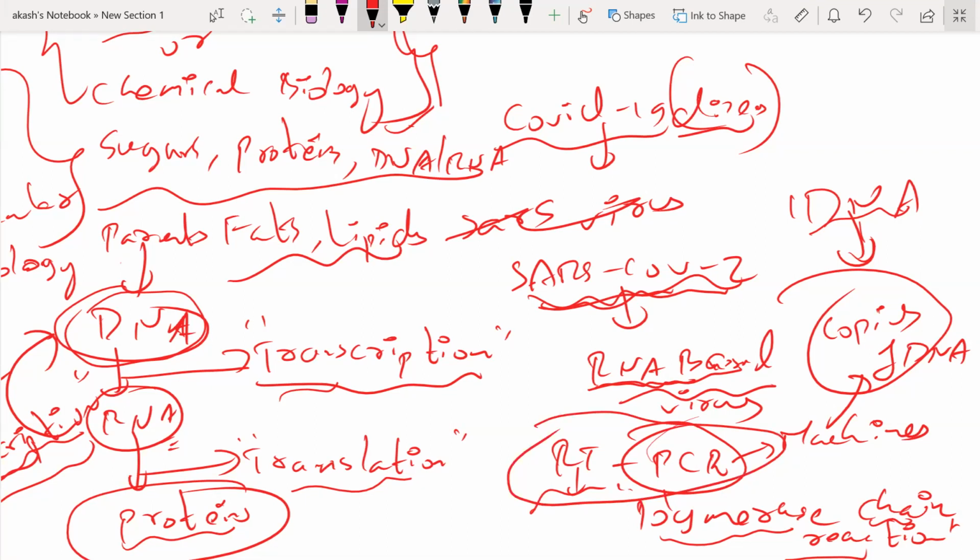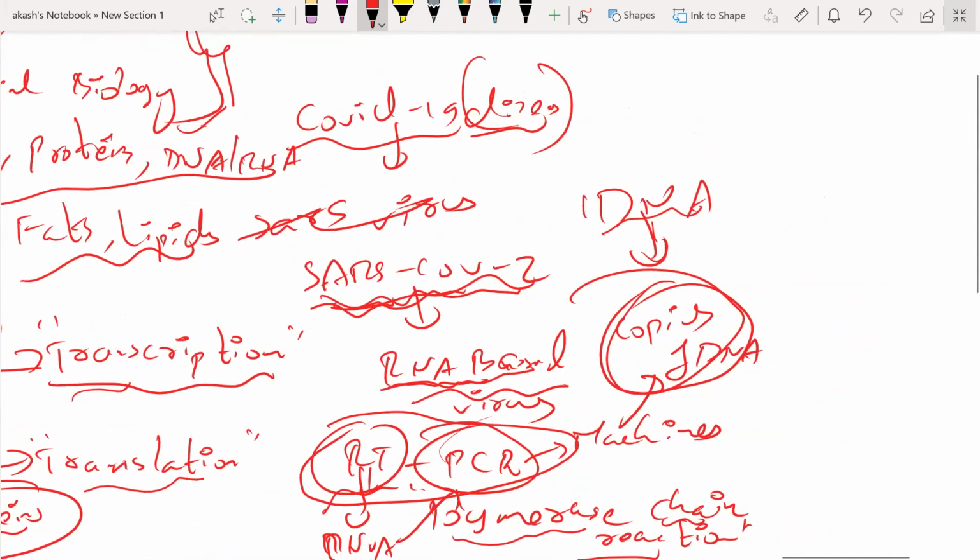In RT-PCR, the first step is reverse transcription. That means the RNA of this virus is converted into its DNA counterpart, and this DNA is given to the PCR. So many copies of DNA are produced, and somehow I will give some color to this particular DNA, so I'll be able to see that it is there. That means you are going to test positive for coronavirus. I don't want to go into the details now.